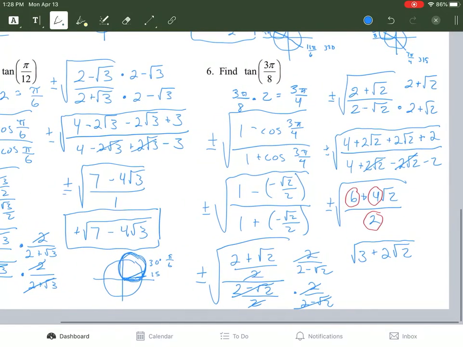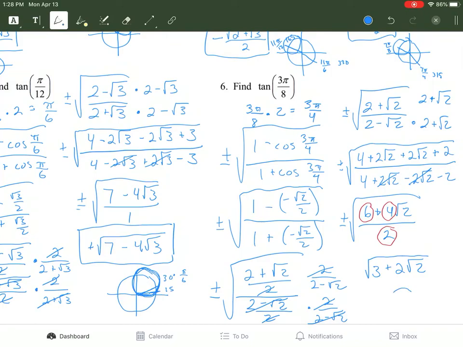Now we have to, again, figure out the sign of the problem. So we go back to the tangent here. We're doing 3 pi over 8, so we're looking at 3 pi over 4. So 3 pi over 4 is right here. 3 pi over 4 is 135 degrees. If you do half of 135, you get like 72.5, I think, or something like that.